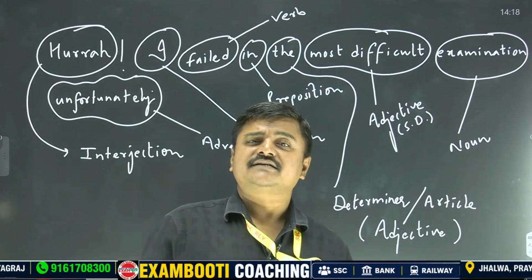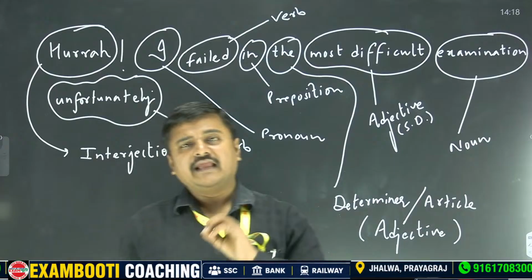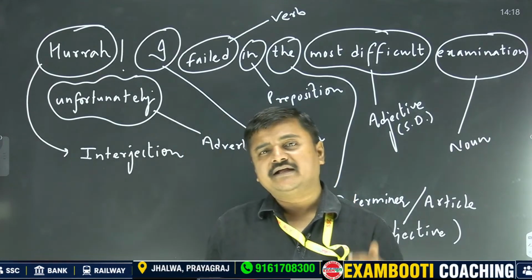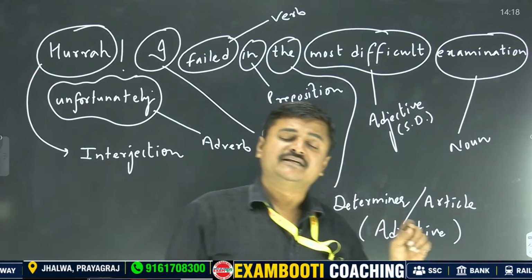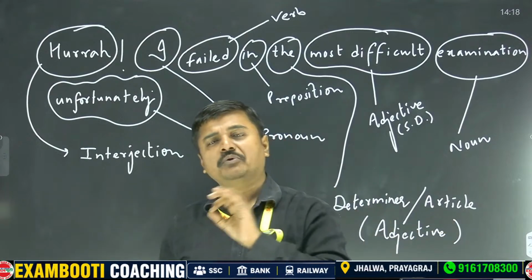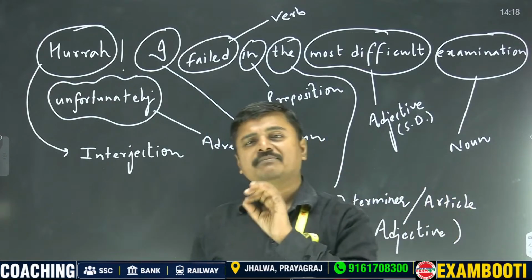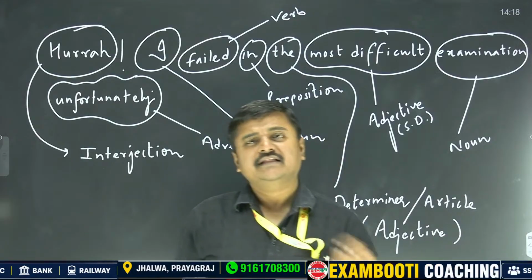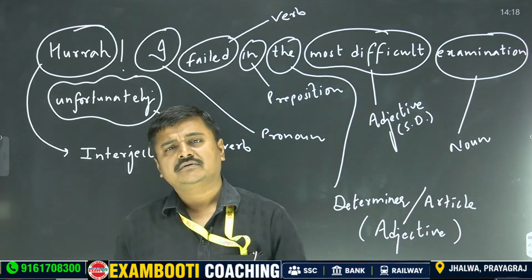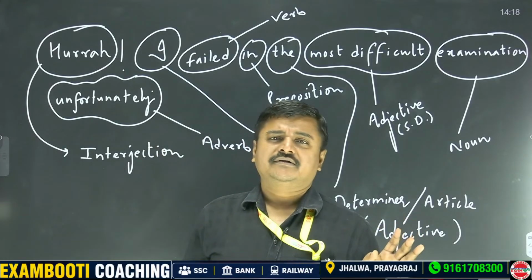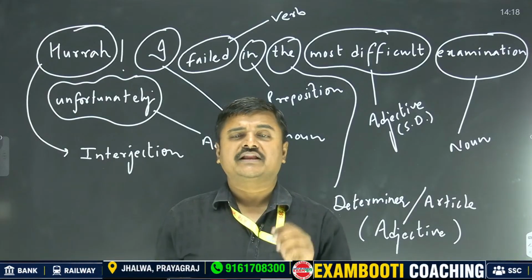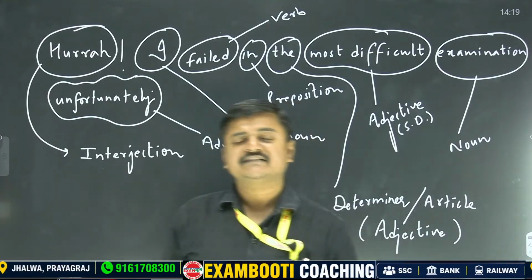It is not necessarily required for any beginner to just put in his mind that there can be only one noun in a sentence, only one pronoun, only one verb, only one preposition, only one conjunction in a sentence. No, there is no condition. It just depends on the need, on the requirement and the structure of the sentence.